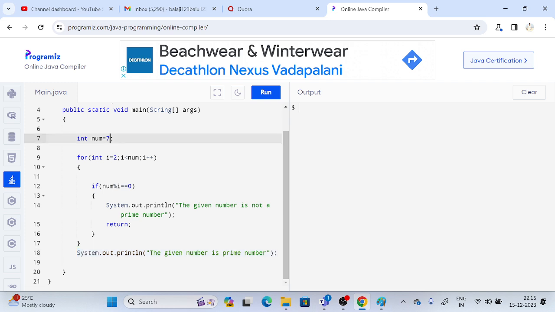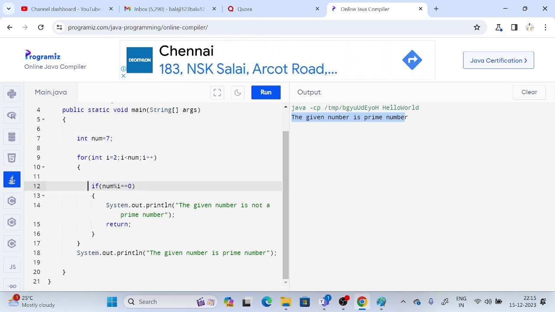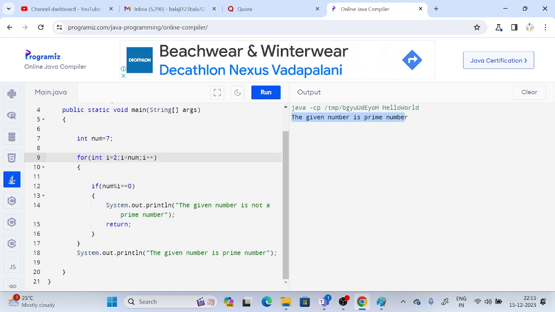So let's trace that. So 7, run this. The given number is a prime number. Because 7 is a prime number, this if condition will never execute for the 7 because there are no factors between 2 and 6.